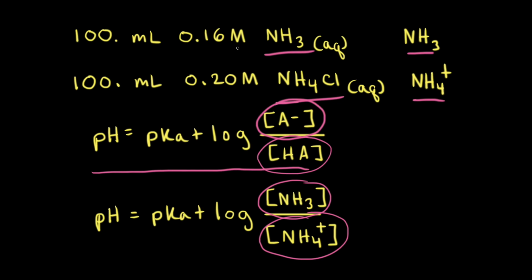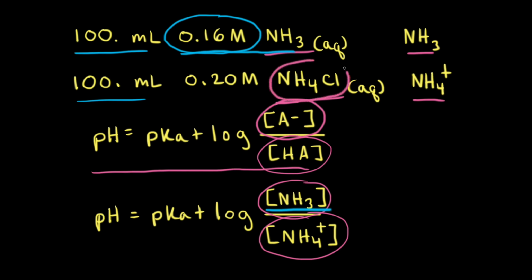The ammonia solution had a concentration of 0.16 molar, and when we mix 100 milliliters of the ammonia solution with 100 milliliters of the solution of ammonium chloride, the total volume would double. So we went from 100 milliliters to 200 milliliters. Therefore, since we're doubling the volume, we're halving the concentration of ammonia. So we can put in 0.080 molar for the concentration of ammonia.